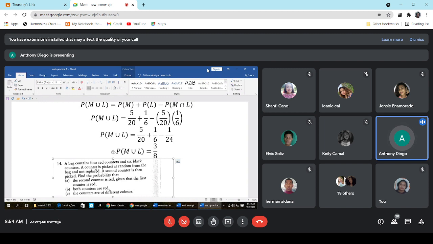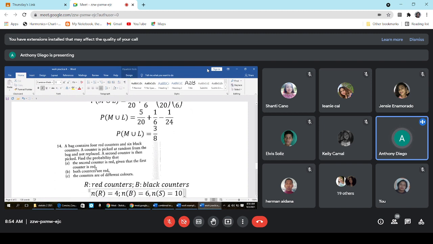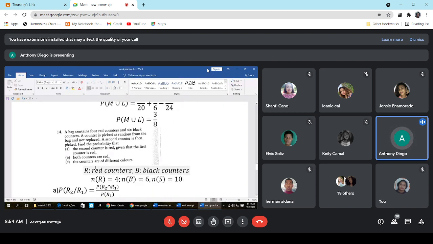So the second counter is red, given that the first counter is red. So R for red counters, B for black counters. The number of red we have is 4, the number of black is 6, and the sample space is 10, but remember it won't be remaining that way.